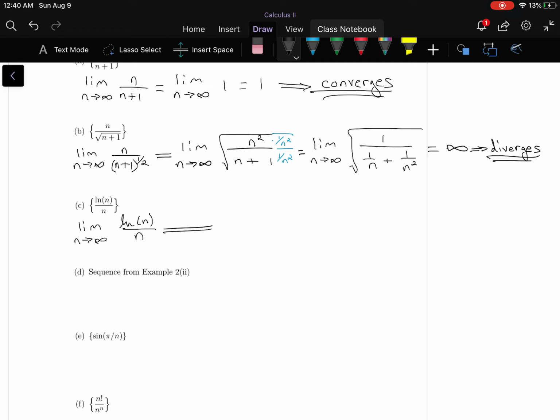So by L'Hopital's, this is the same as the limit as n goes to infinity of 1 over n over 1, or just 1 over n, and this is 0, which is a finite value. And so that tells us that this sequence converges.